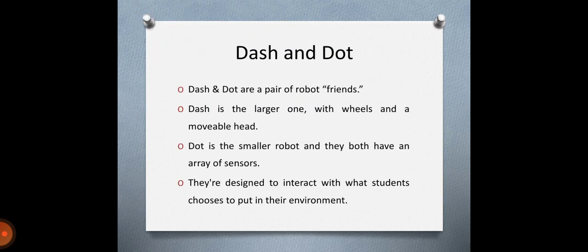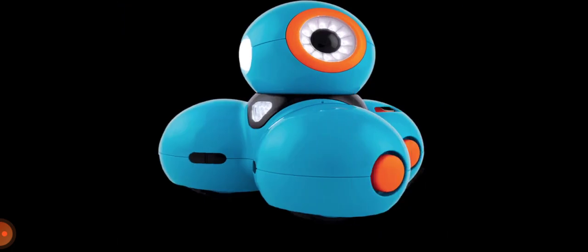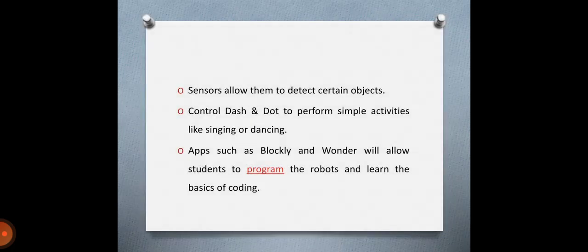Then Dash and Dot. It's a pair of robot friends. Dash is the larger one. It has wheels and a movable head. Dot is a smaller robot, and both Dash and Dot have an array of sensors. They are designed to interact with whatever students choose to put in their environment. This is a model of Dash and Dot.